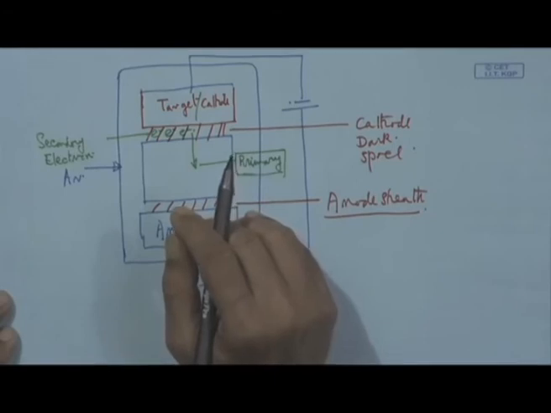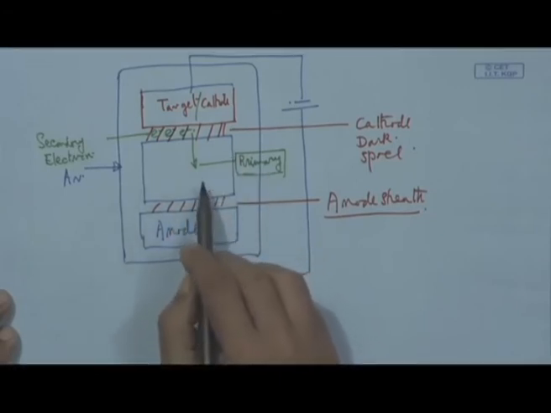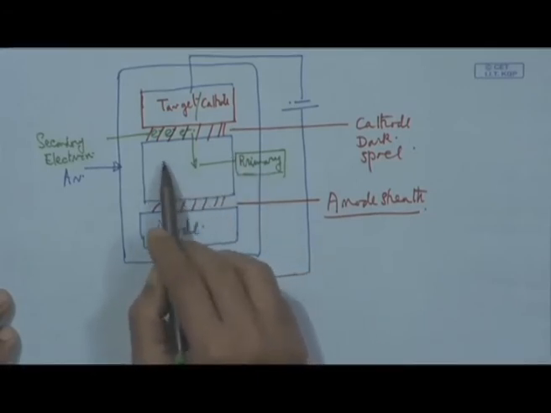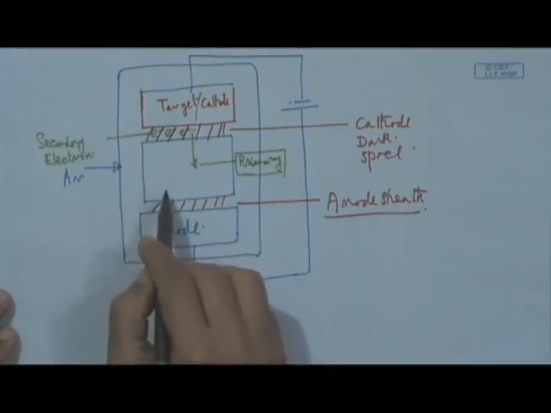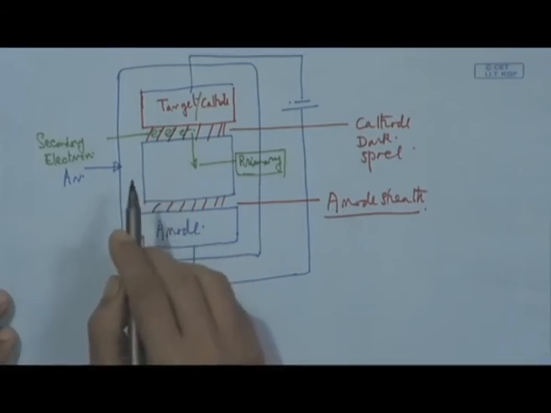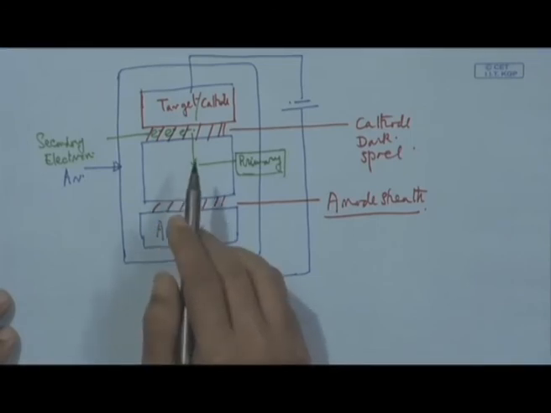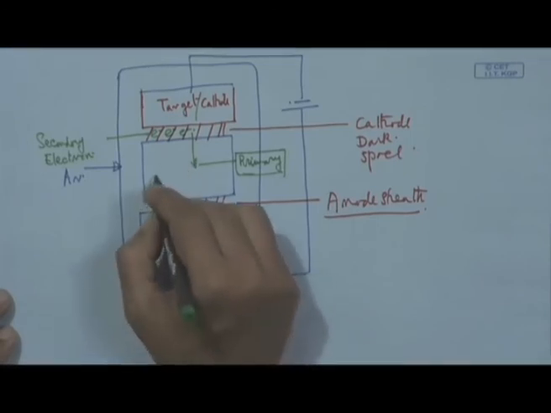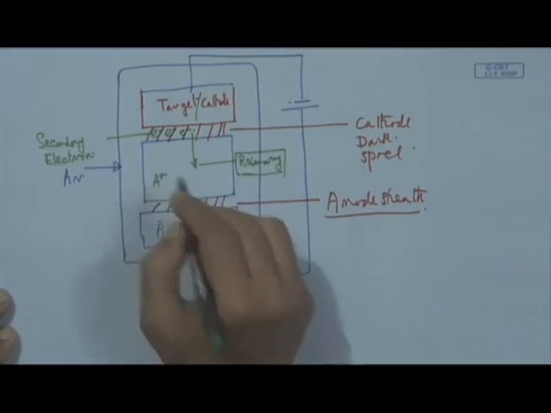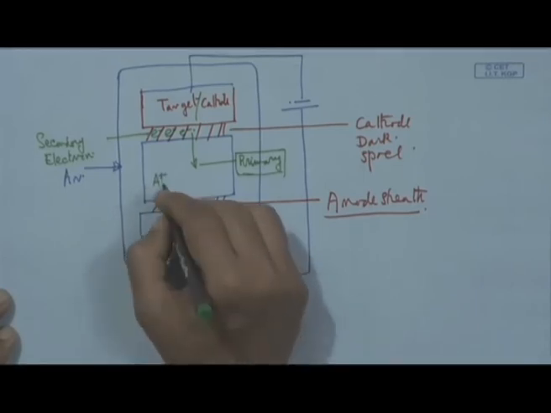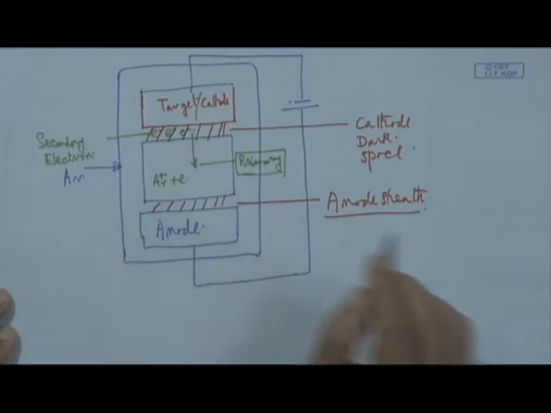Now, this primary electron is going to strike, make collision with the argon neutral, and it is very important that this collision must result in one argon ion plus one electron.